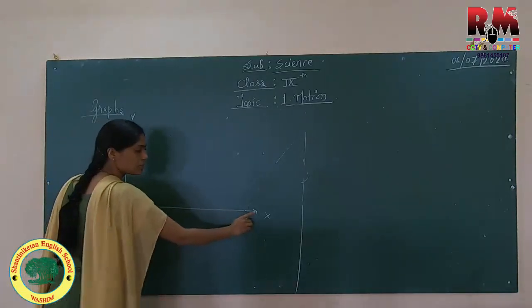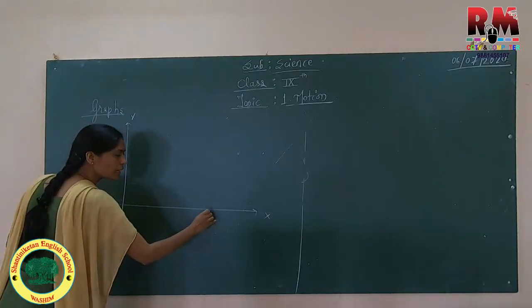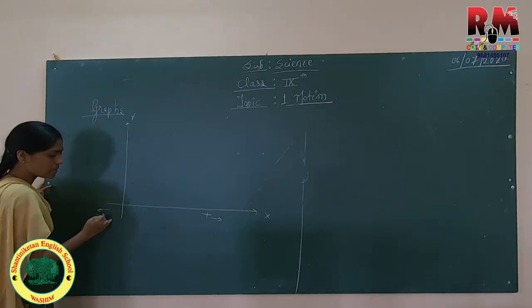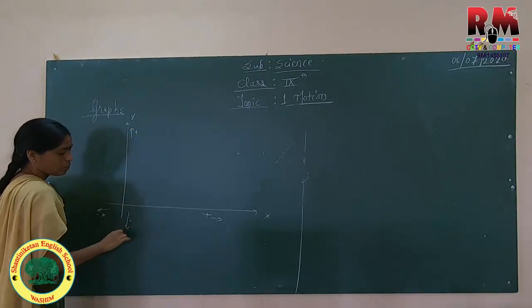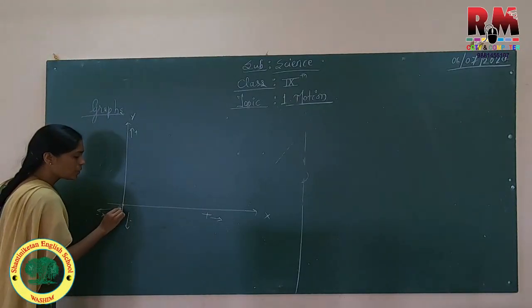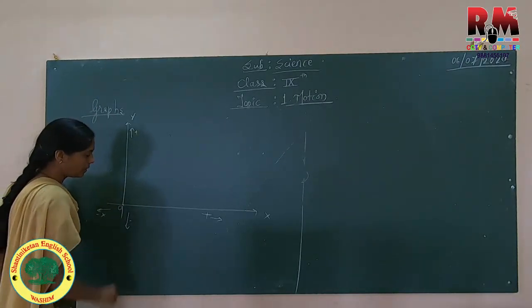So here this is the x-axis, this is the y-axis. You children know that this is the positive x-axis, this is the negative x-axis, this is the positive y-axis, and this direction is negative. When we are plotting, this will definitely be 0. 0 is called the origin. From here we'll start.